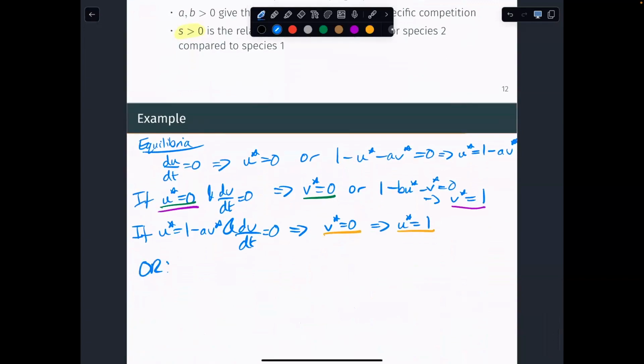Or if v star is not equal to 0, we have the term in the brackets, which was 1 minus b u star minus v star. U star is equal to 1 minus ab star, so I can just substitute this straight in here, and this is equal to 0.